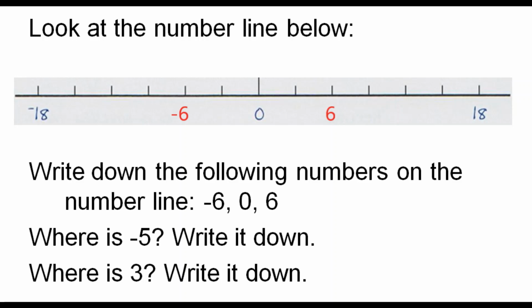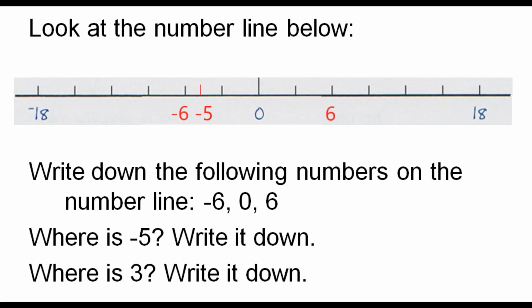Make sure you label it where it would fall on the number line. We already labeled negative 6 here, and the number that comes after negative 6, as we go from negative 18 to 0, is negative 5, which is right here. That seems pretty close to where negative 5 would go on the number line. So that's where negative 5 goes.